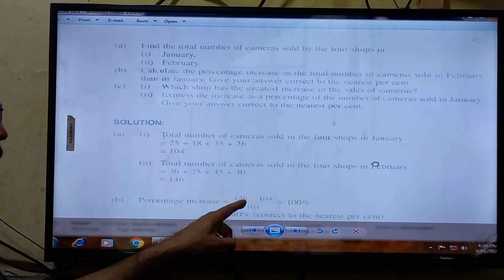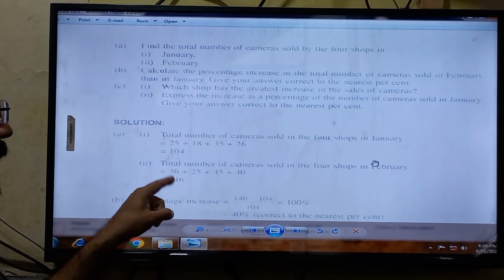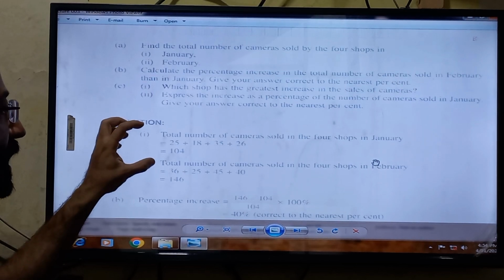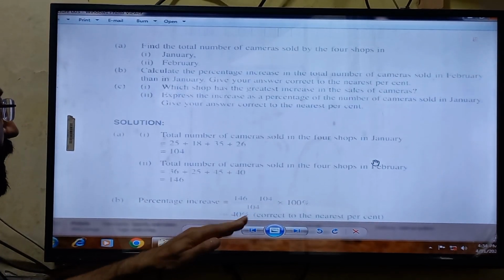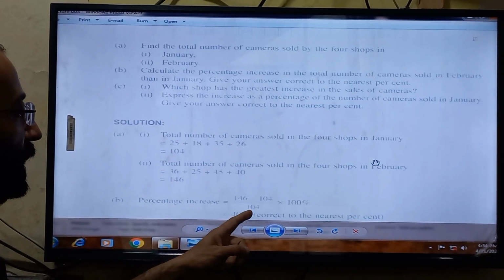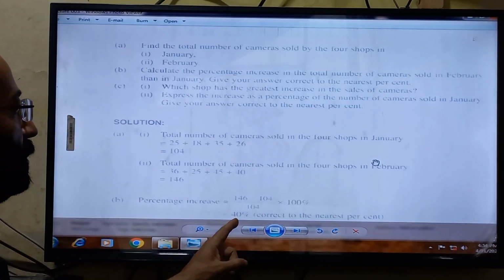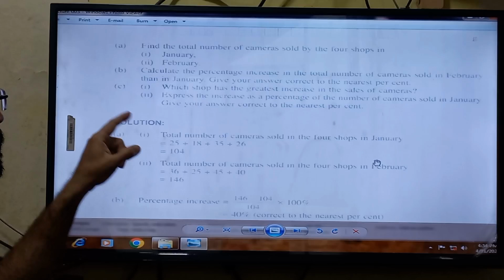That will be put in the numerator. Here is 146 minus 104, and the original amount is actually 104 because January is the original amount. From January to February is actually an increase. So 104 will be put in the denominator, multiplied by 100%. Solve it on the calculator. You will get an answer of 40%. That is the answer of B part.